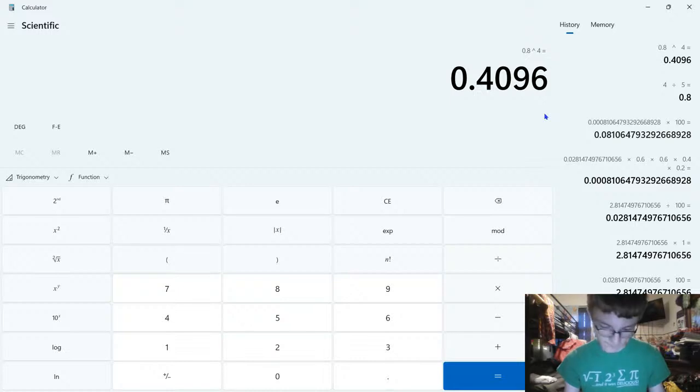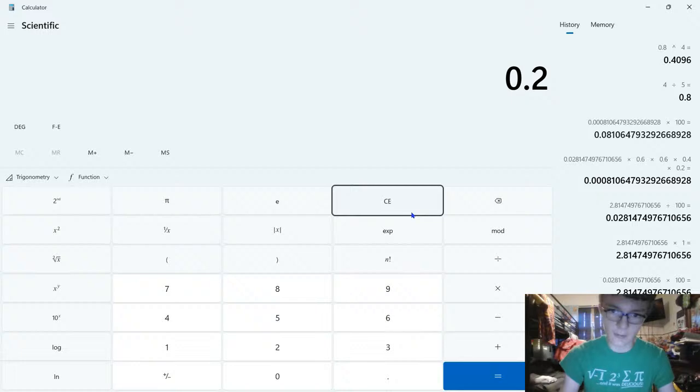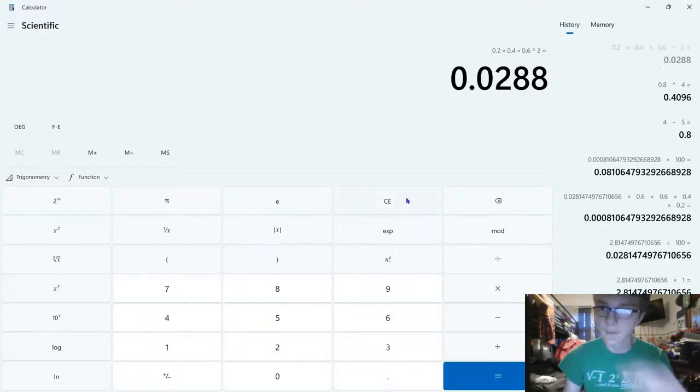Actually, the known probability is this: you would have 0.2 multiplied by 0.4 multiplied by 0.6 raised to the second power, then multiplied by 0.8 raised to the third power.